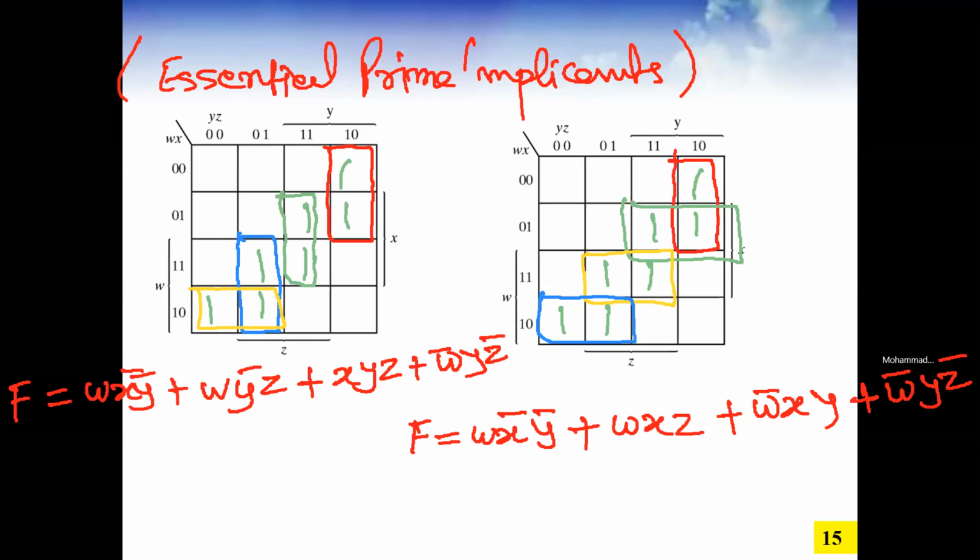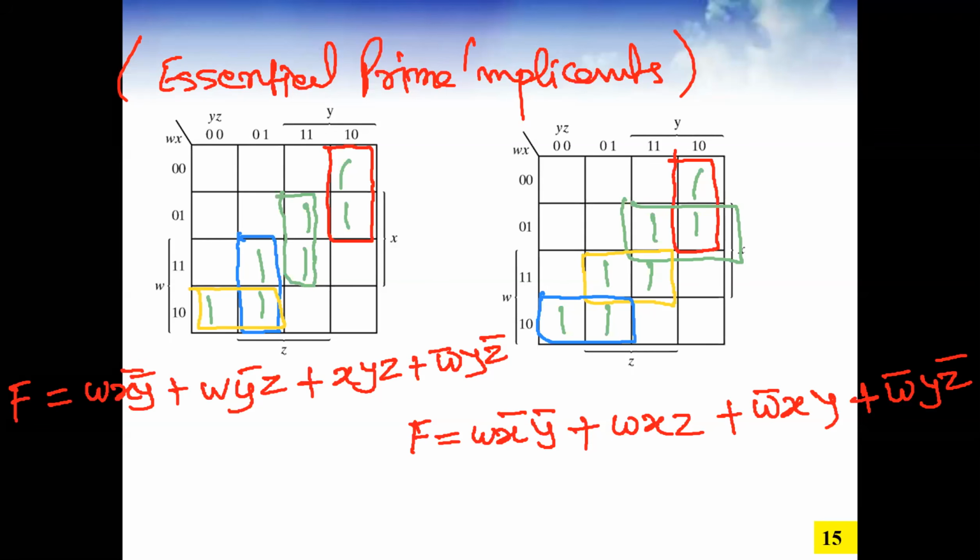Clear? Yes. All right. So we have found two solutions, and now we are going to have a close look at the essential prime implicants. My question here is, find the solution of the given question and find the essential prime implicants. You know that all are prime implicants.